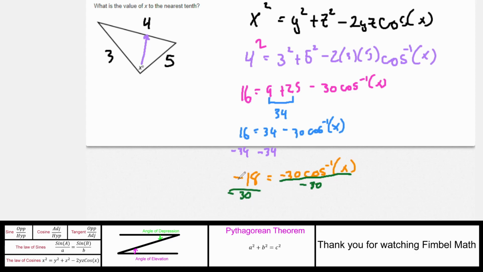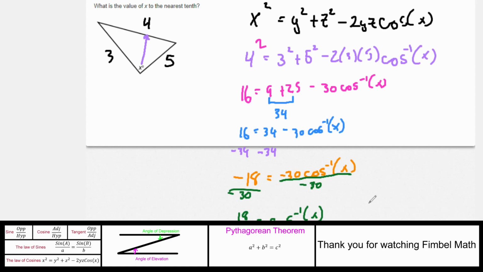And this is going to be 18 over 30. Notice I have a negative and a negative here. If I take two negative numbers and divide them, they always become positive. And this is inverse cosine of x. So on my calculator, this one's a little nicer to us than the last one. I'm going to do 18 divided by 30. That gives me 0.6, and now I'm just going to hit second, cosine, and then equals.